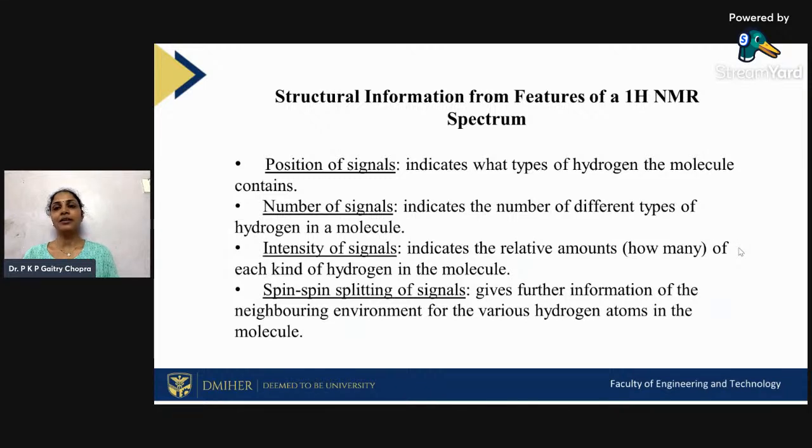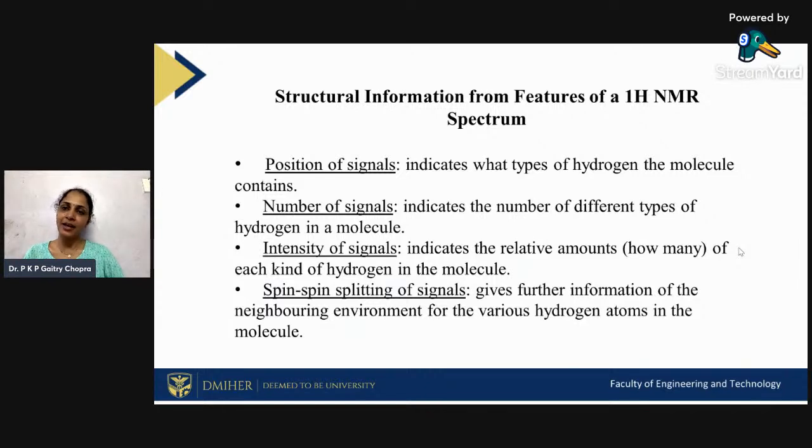For example, if we are talking about OH, a hydroxyl group, this hydrogen is attached to an electronegative atom, so the position of this signal will be downfield. So the position of the signal will tell us which type of hydrogen is present in the molecule.